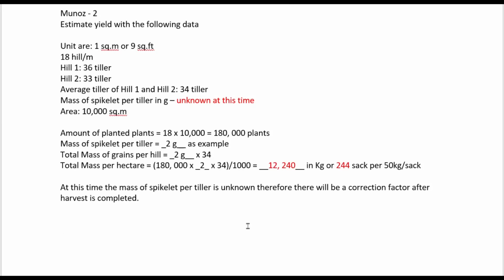What is the correction factor? By how much? By what percentage? And in fact, if I gather the mass of a tiller, then have the actual yield, I can get the estimate closer to actual yield.